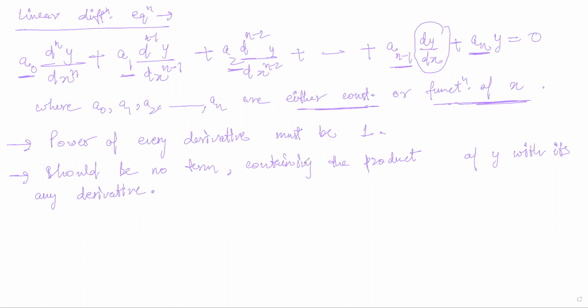Second, there should be no term containing the product of y with any derivative. That is, there should be no y into dy by dx or y into d2y by dx square, right? And third, the power of y must be 1. In all, if an equation satisfies this, it is called a linear differential equation.